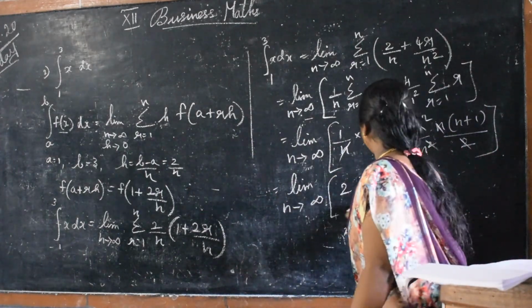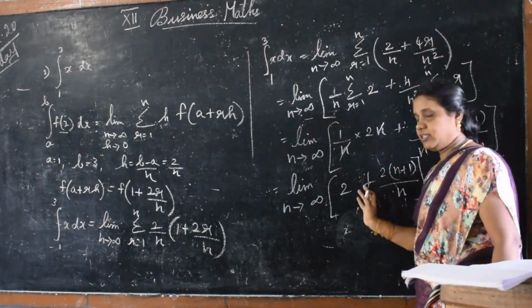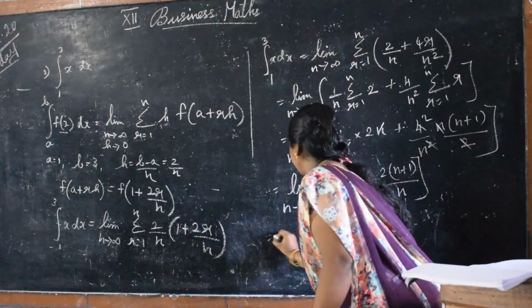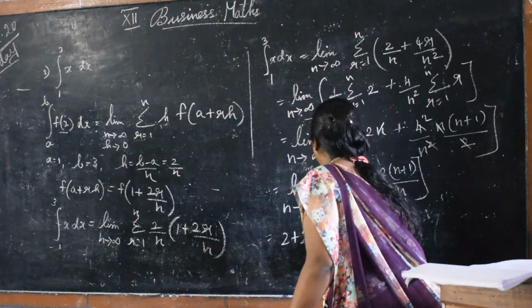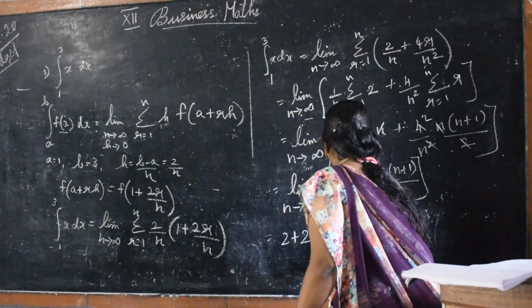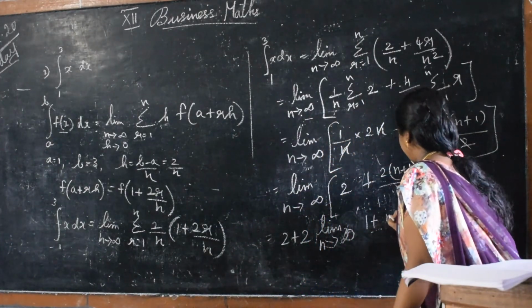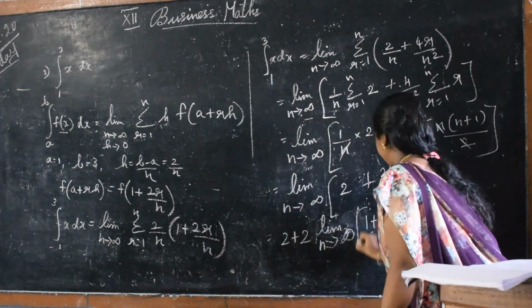Okay. Now take this 2 outside. The 2 common, 2 plus 2. See here, limit n tends to infinity, remaining 1 plus n plus 1 by n.